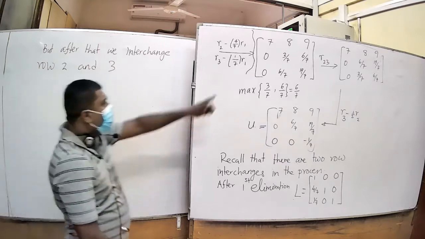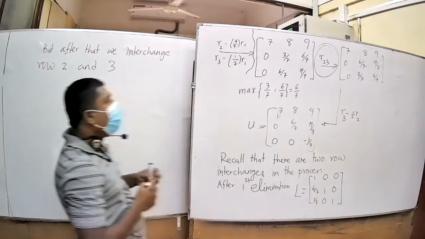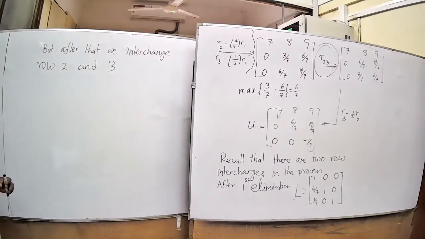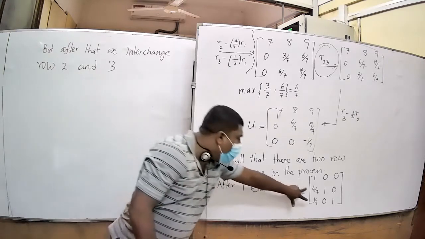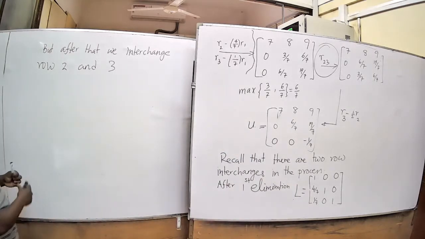After this, you see you are interchanging R2 and R3. So that means you have to interchange L as well.